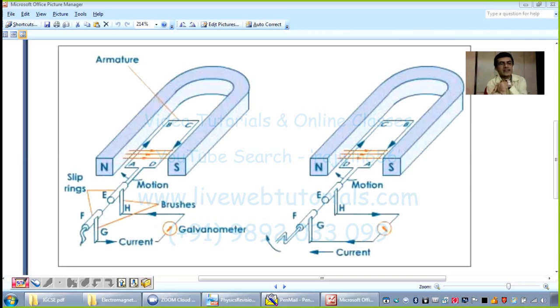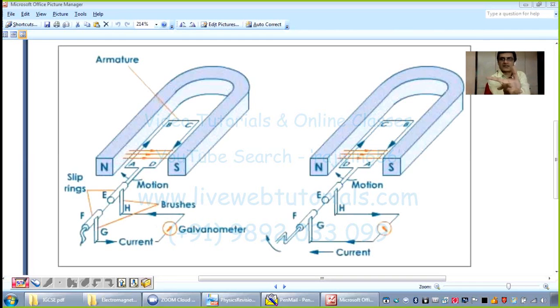If the coil is rotating in the clockwise direction, then my thumb is going to indicate the upward direction. My middle finger is coming into the plane of the page. This is the direction of induced current. So the current is flowing from A to B. This is the direction of induced current. I'm going to show that part once again.